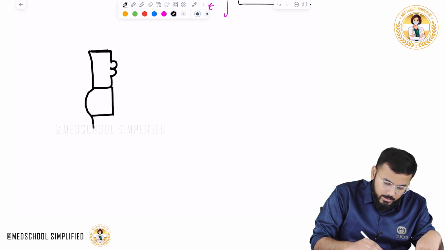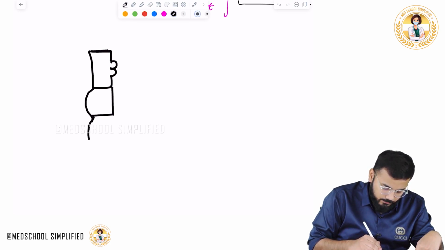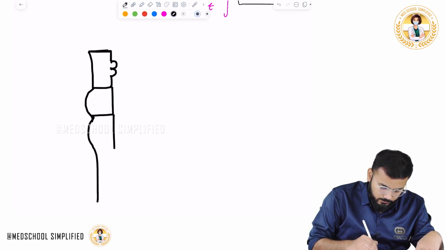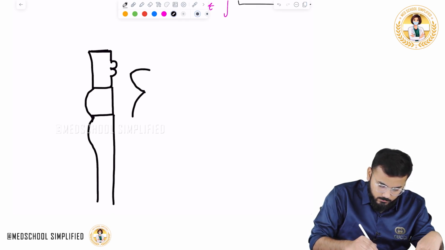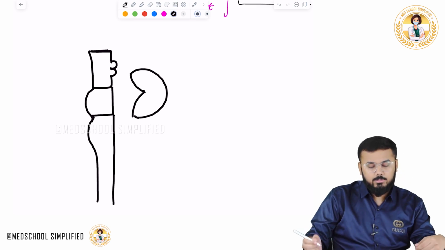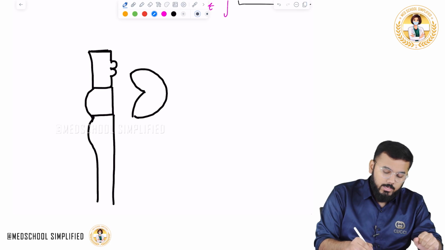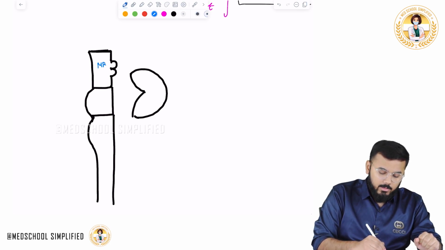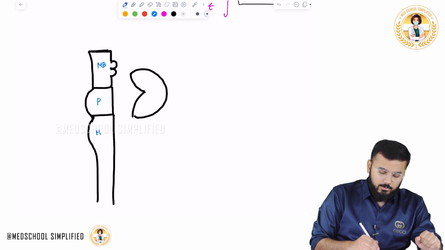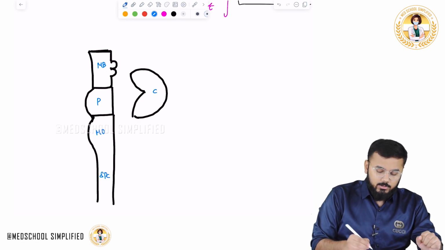The next important thing, this is your medulla oblongata. Now, this is your cerebellum. So here you have your midbrain, this is your pons, this is your medulla oblongata, and this is your spinal cord. And this part is your cerebellum.